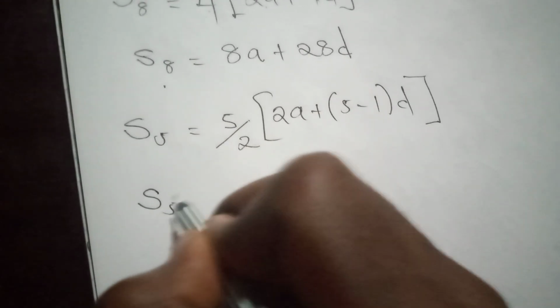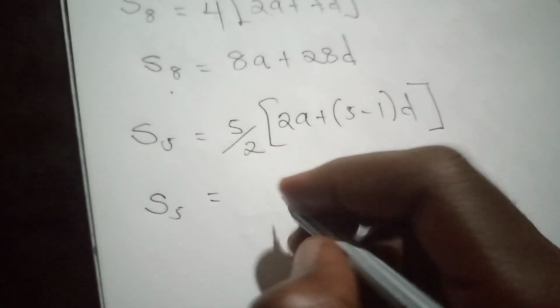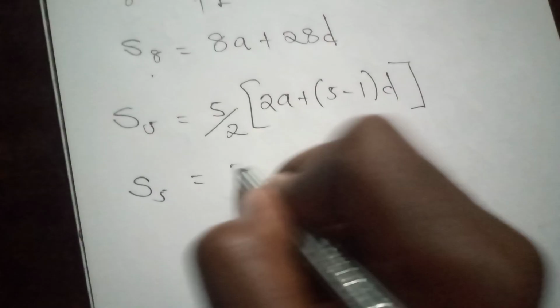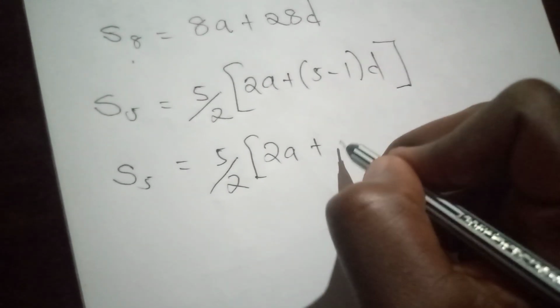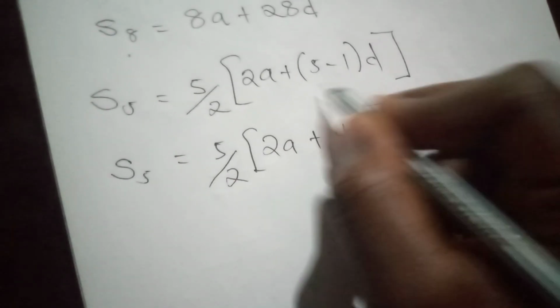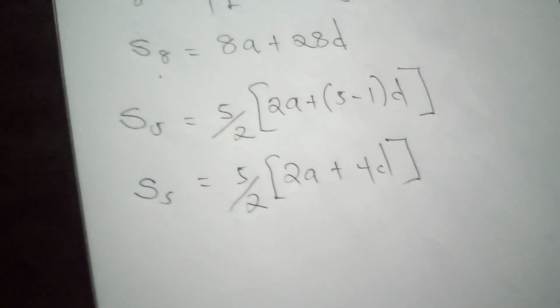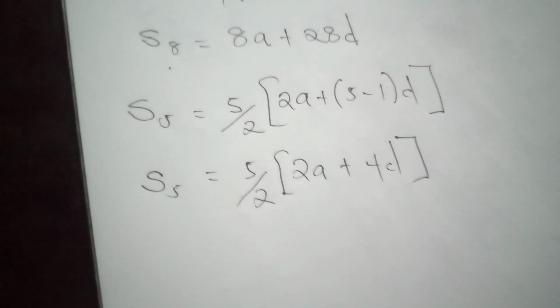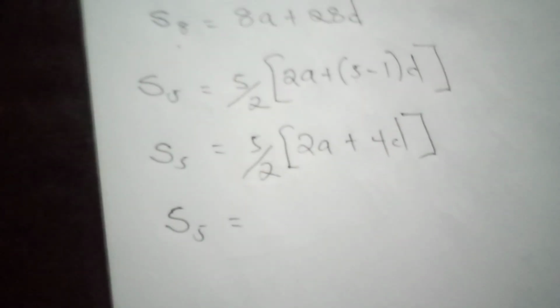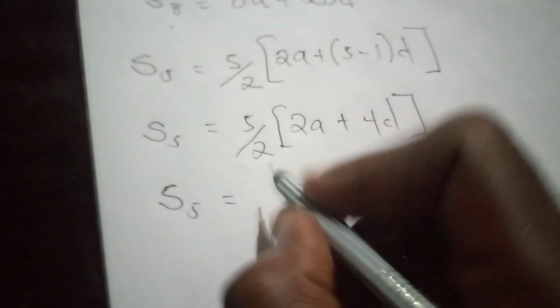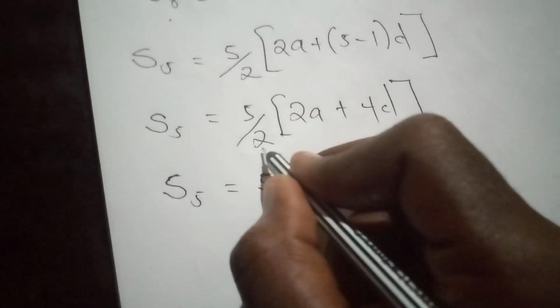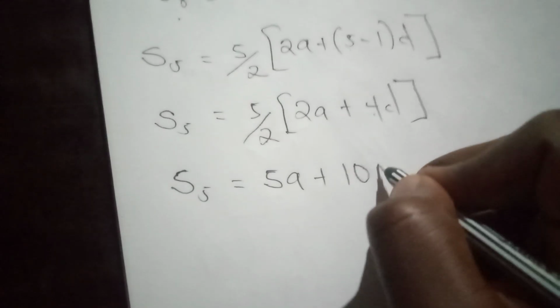That is 5 over 2, 2a plus 4d, since 5 minus 1 is 4 times d. I'm multiplying everything inside the brackets: 5 over 2 times, the 2 and 2 cancel, I'm remaining with 5a plus 2 times 5, that is 10d.